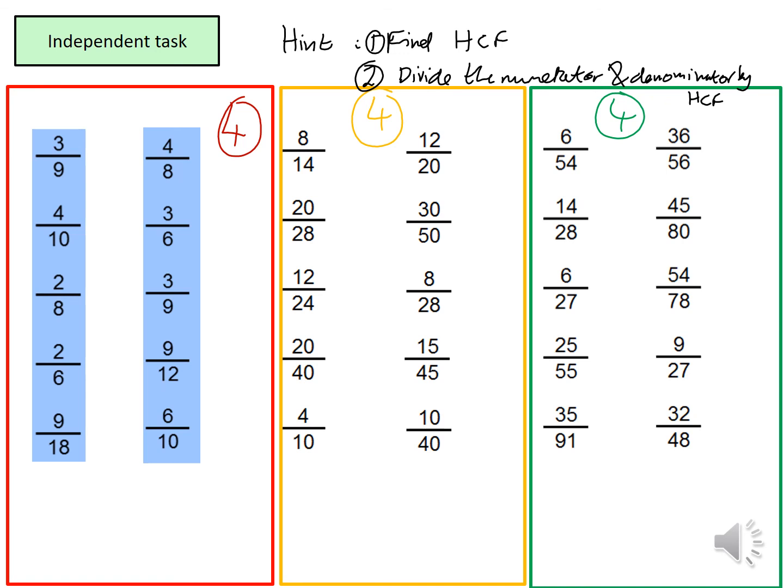So again, we need to simplify these fractions by finding the highest common factor, and then divide the numerator by the highest common factor and divide the denominator by the highest common factor.